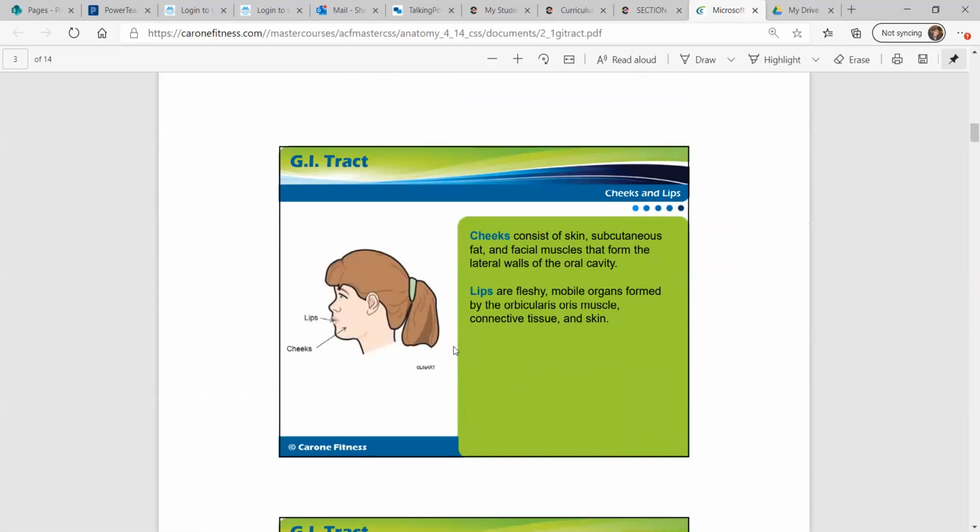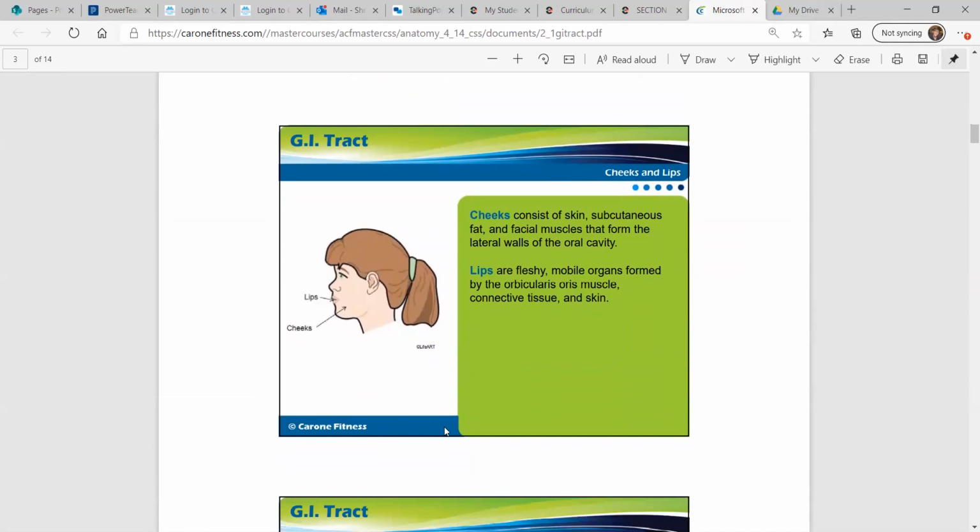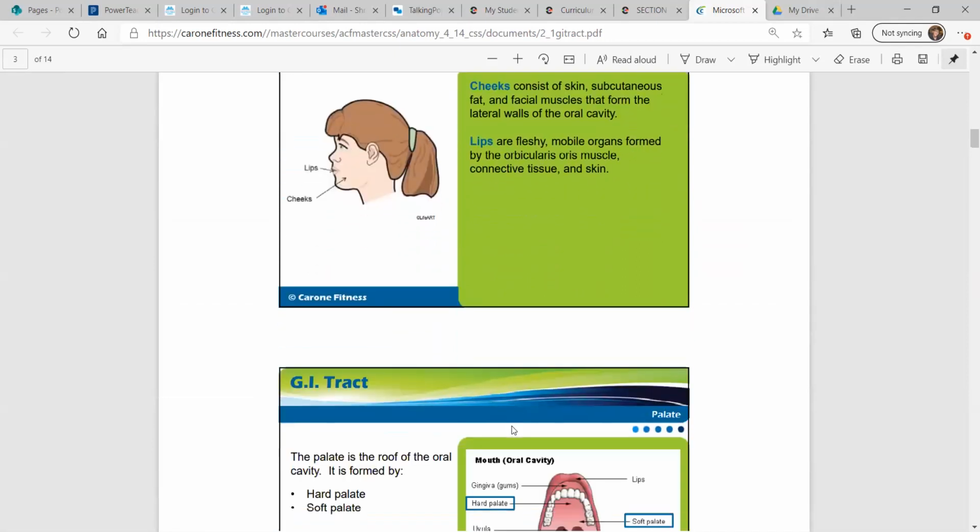Now the cheeks consist of skin, subcutaneous fat, and facial muscles that form the lateral walls of the oral cavity. Lips are fleshy, mobile organs formed by the orbicularis oris muscle, connective tissue, and skin. So I think we're all familiar with lips and cheeks.